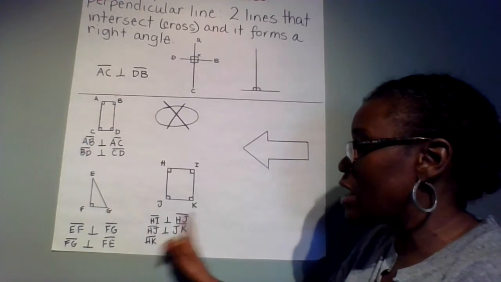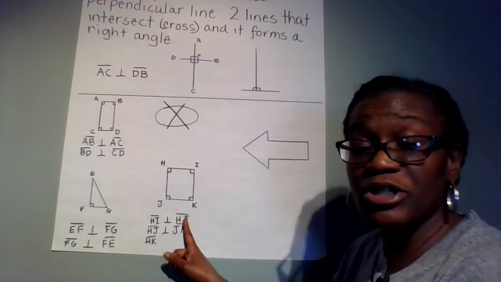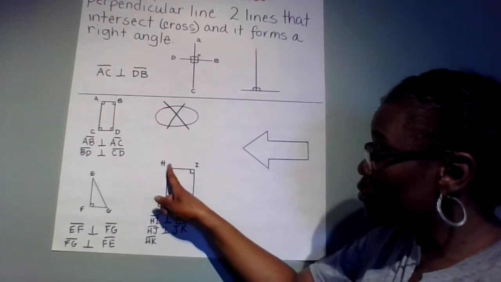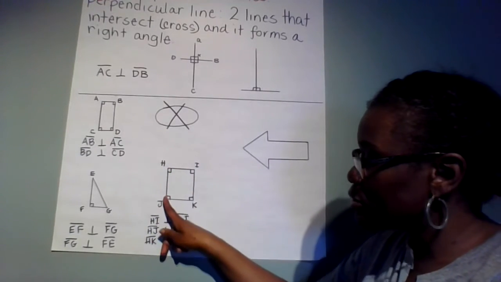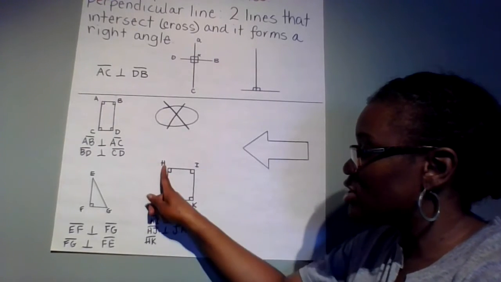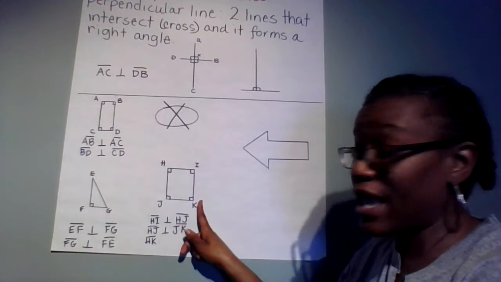And if you see, I'm using the last perpendicular line to start my next one. So I started with HI being perpendicular to HJ. Then my second section, I did HJ is perpendicular to JK.